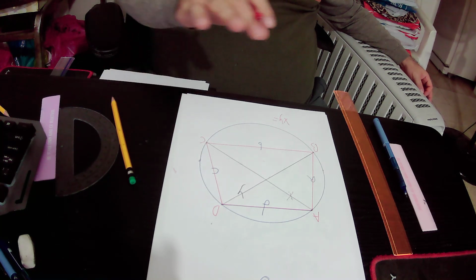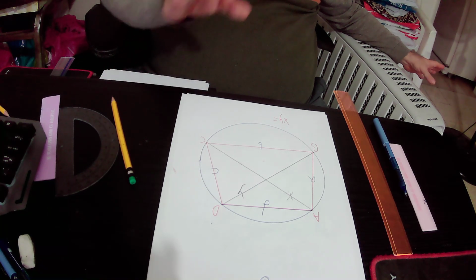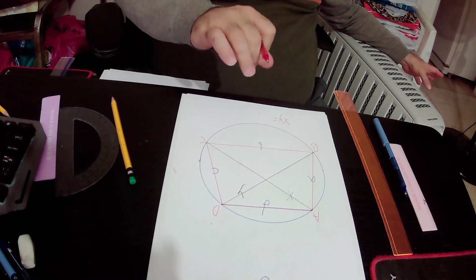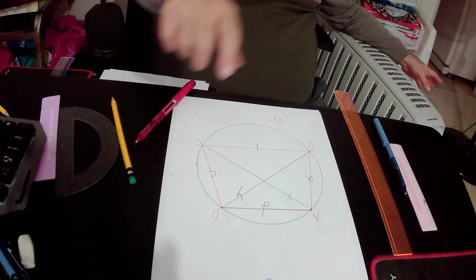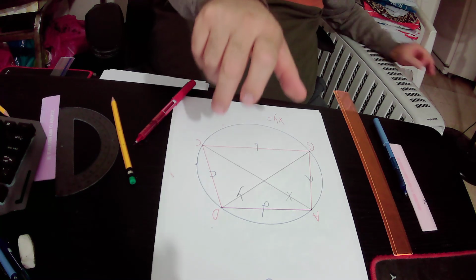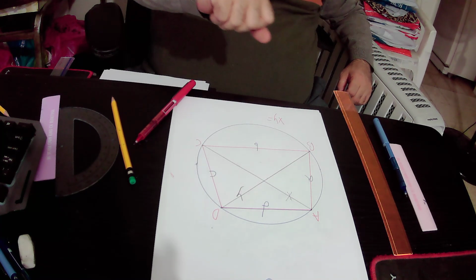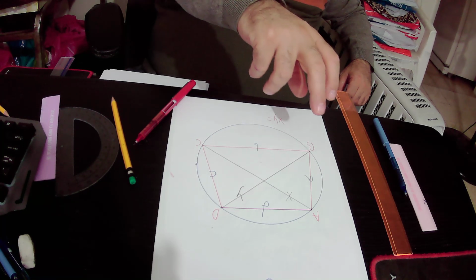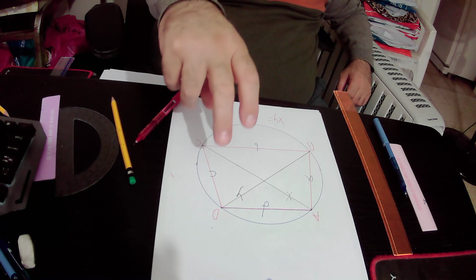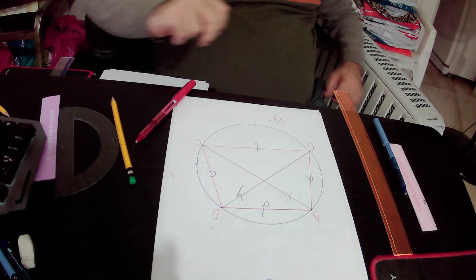The quadrilateral ABCD has two pairs of opposite sides. The first pair is side BC opposite to side AD, and the second pair is side AB opposite to side CD.